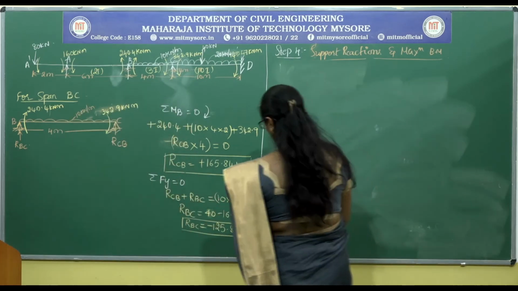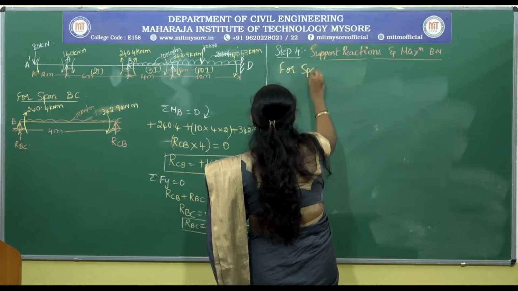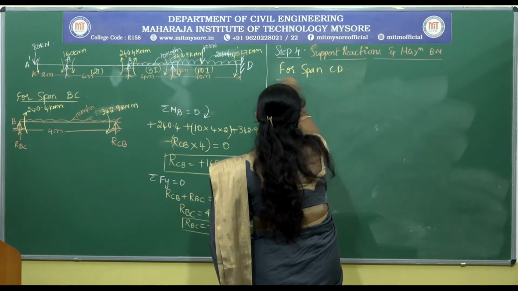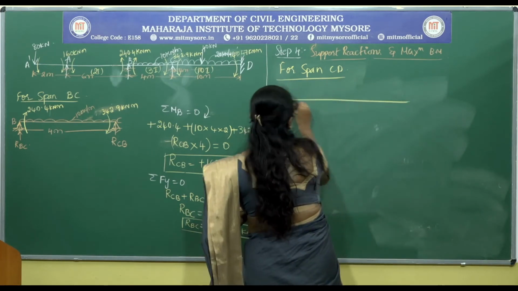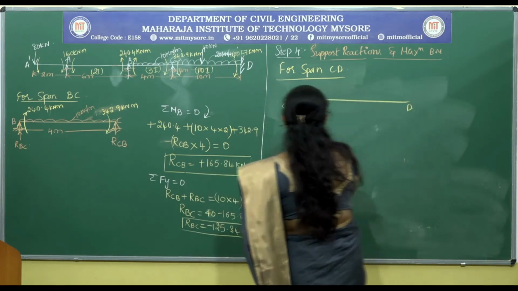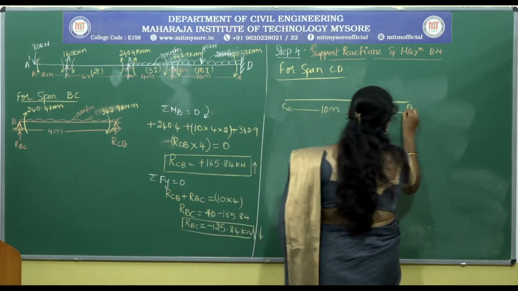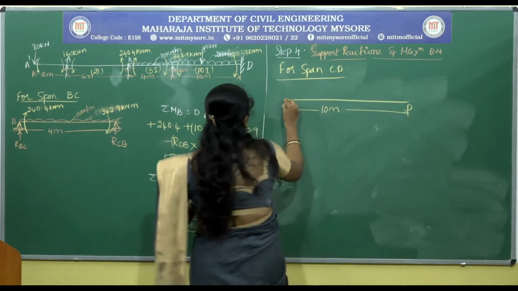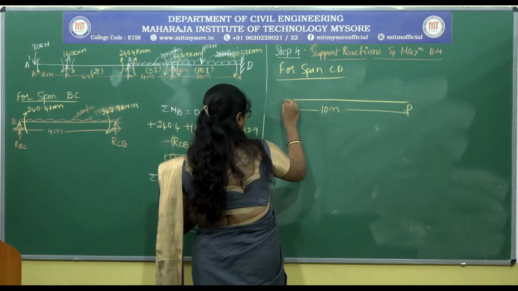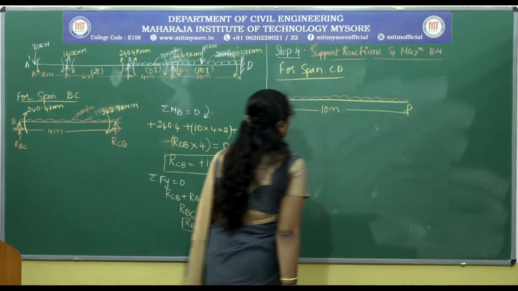The last span, for span CD. So for this case, we have two types of loads acting at a distance of say 10 meters. So at C, we have a UDL.